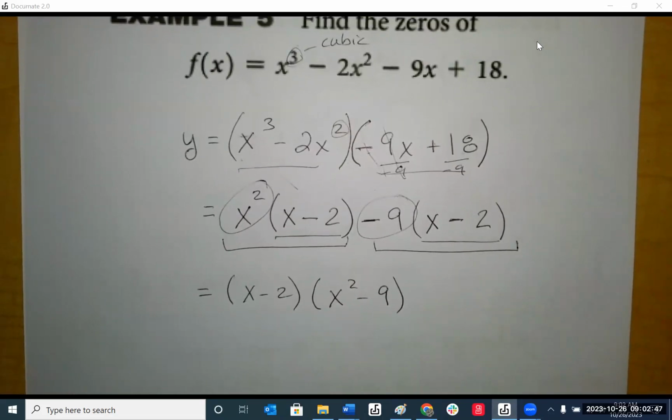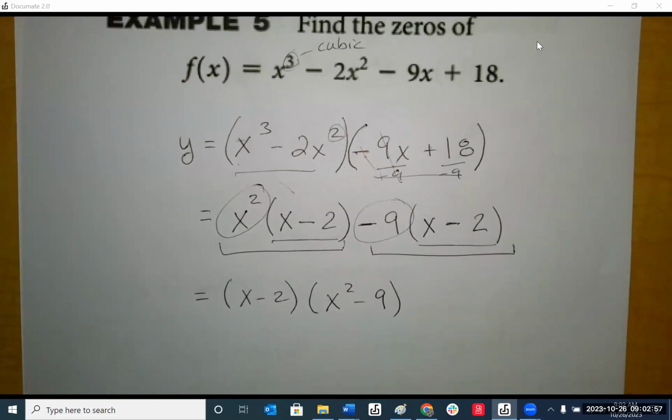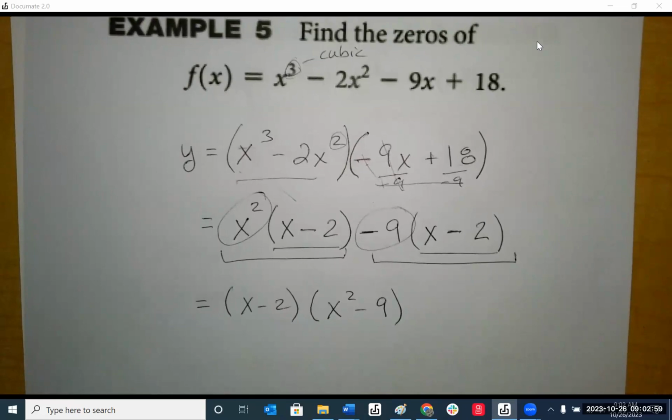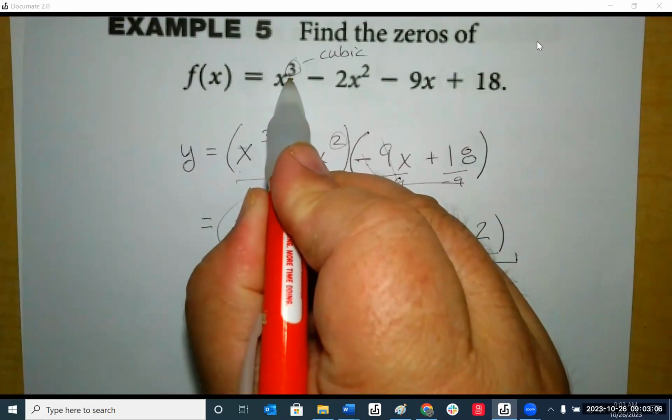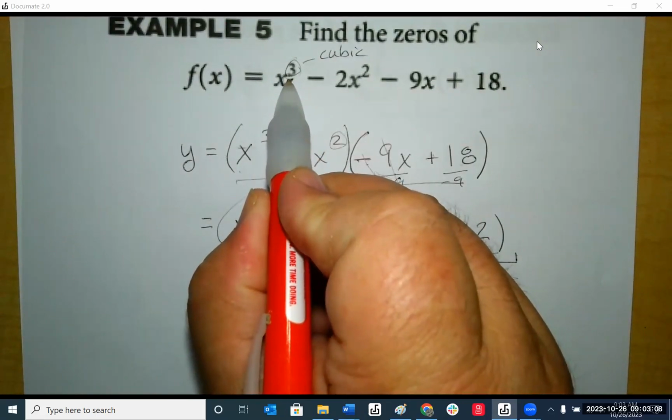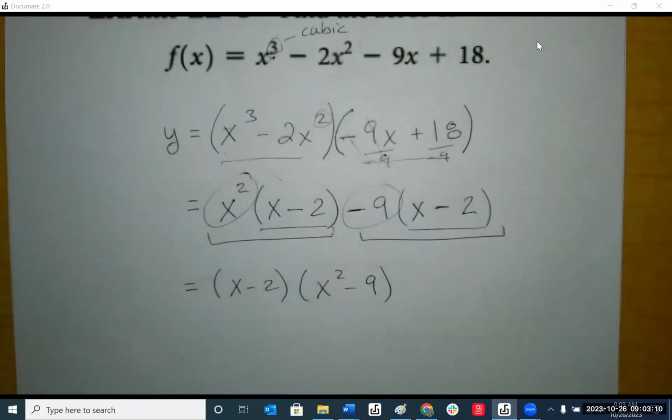How many answers are we supposed to have here? What's the degree of our equation? No, the degree is 3. We're going to have 3 answers. I'll show you.